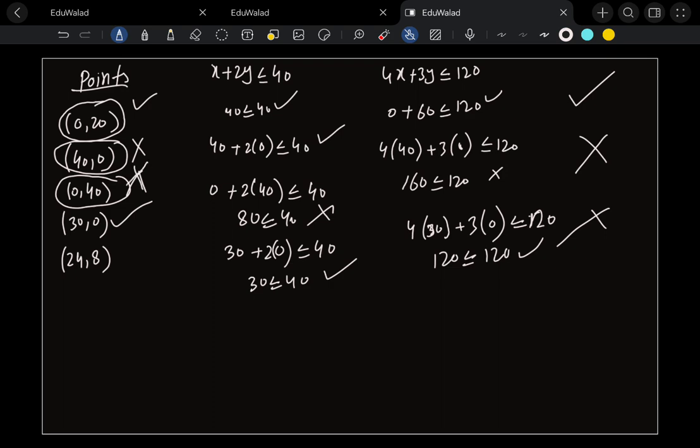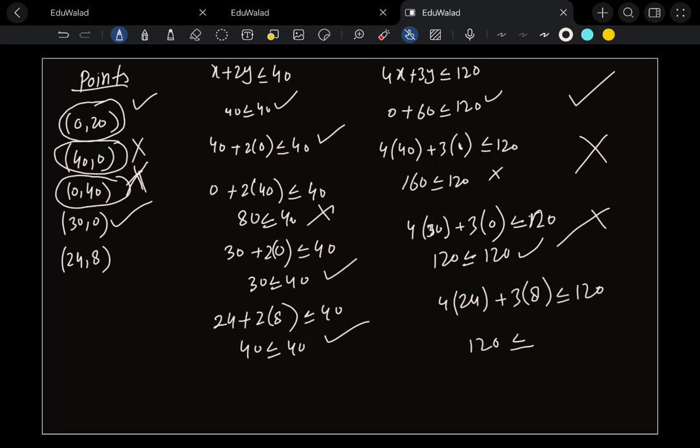Now 24 and 8: 24 plus 2 into 8 is 40, less than or equal to 40, this is true. 4 into 24 plus 3 into 8 is 120, less than or equal to 120, this is also true, so this point is also included.